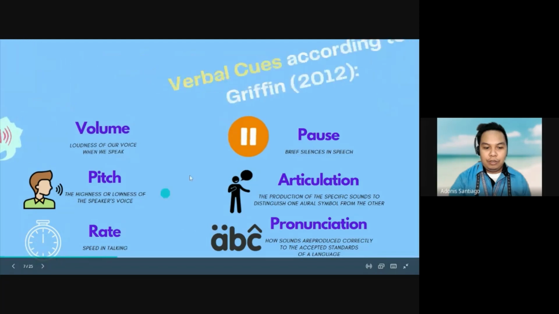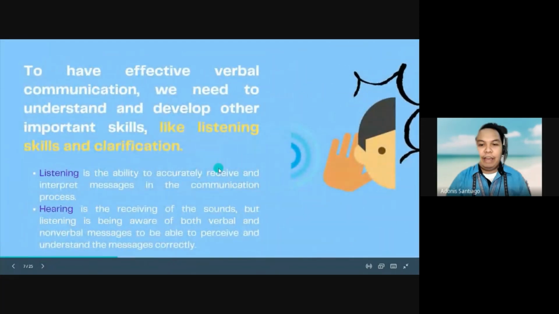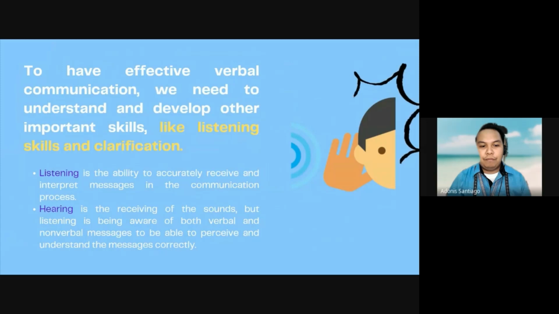So moving forward, effective verbal communication needs to be facilitated for us to understand and develop other important skills. This includes the difference between listening and hearing, and the clarification skills.